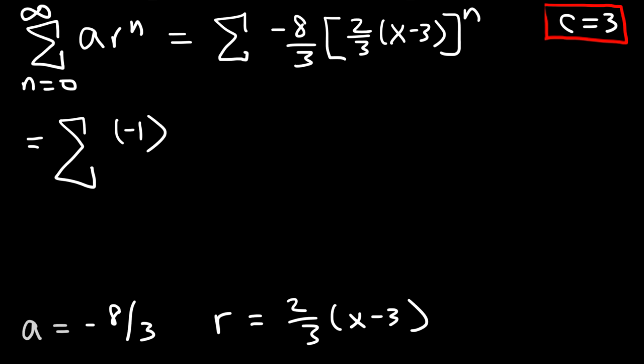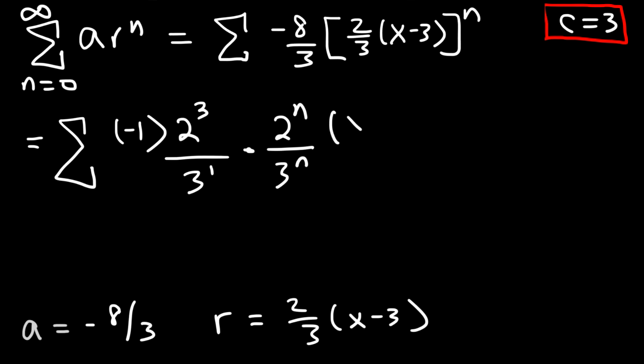So I'm going to rewrite 8 as 2 to the 3rd power. And the 3 on the bottom, that's going to be 3 to the 1st power. And then everything inside the brackets, I'm going to distribute the exponent n to it. So this will become 2 to the n power divided by 3 to the n power, and then times x minus 3 to the n power.